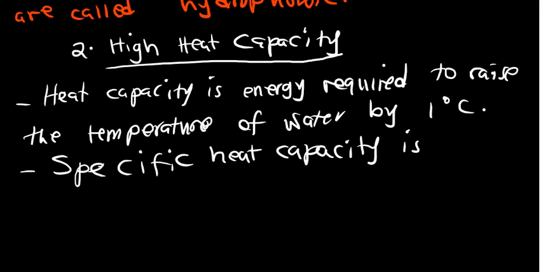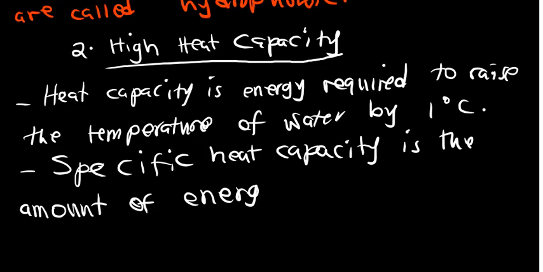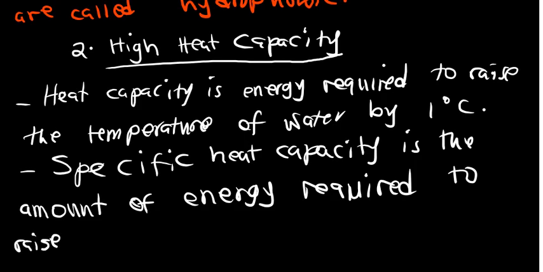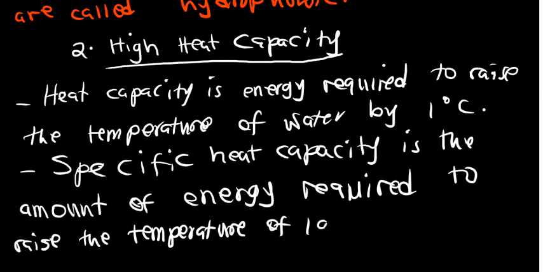Specific heat capacity is the amount of energy required to raise the temperature of 1 gram of water by 1 degree Celsius.